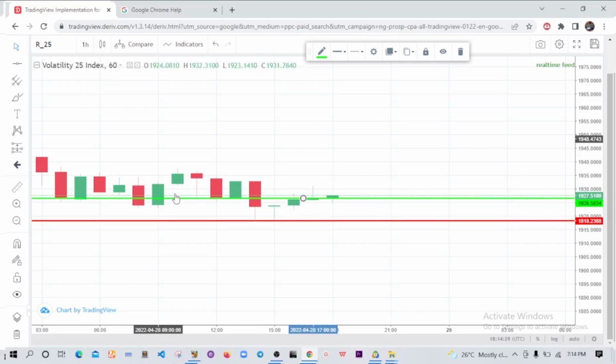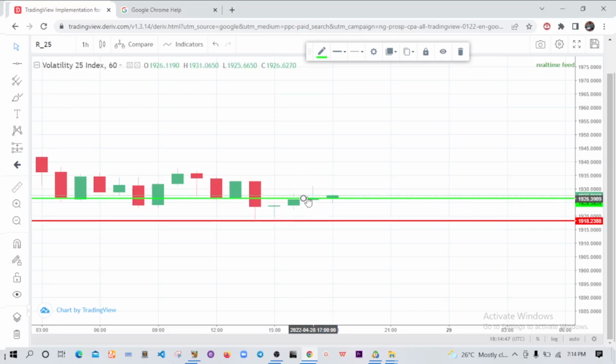So we still want to check maybe 15 minutes time frame, which is my favorite entry time frame when I'm scalping, because this trade I'm not really going to hold for a very long time, because I want to check if this is a reversal or not.